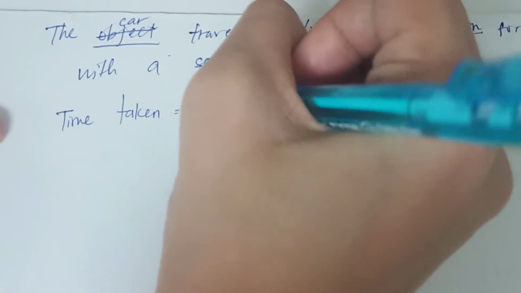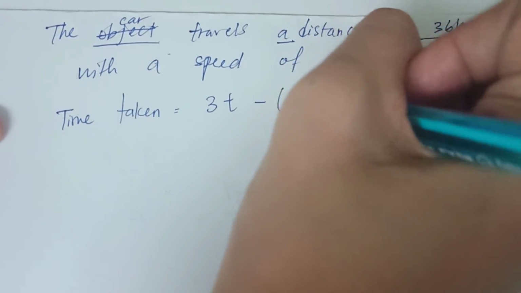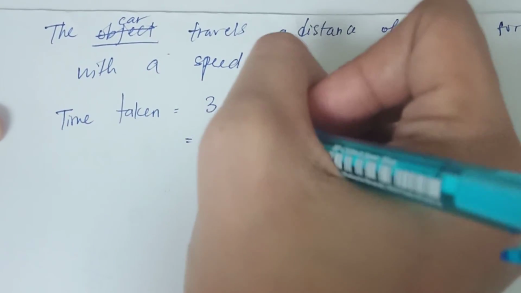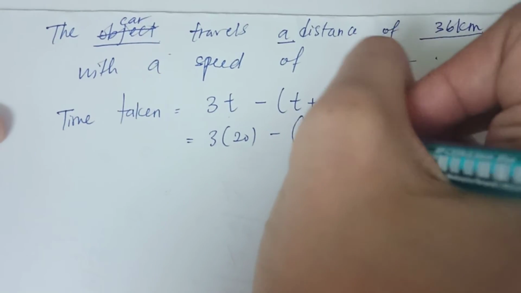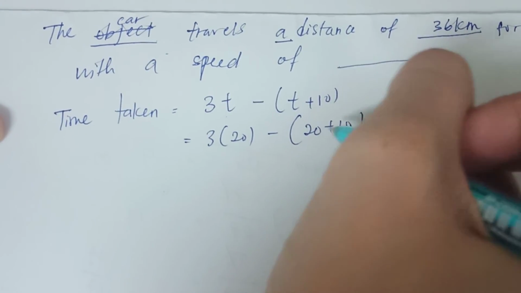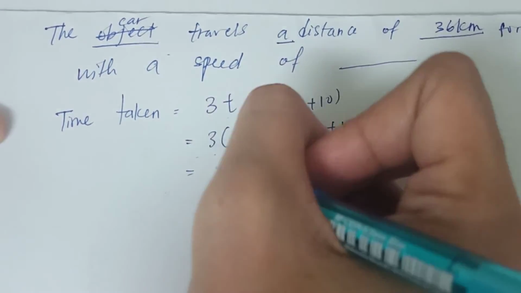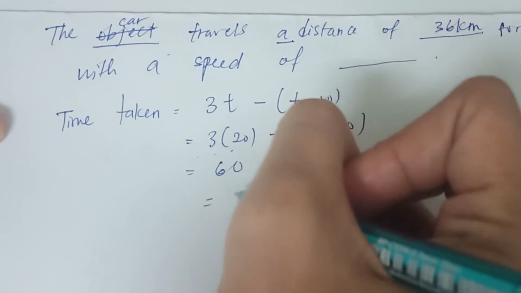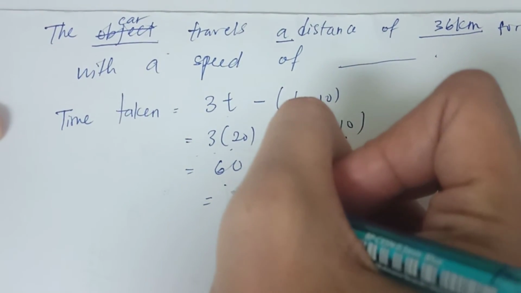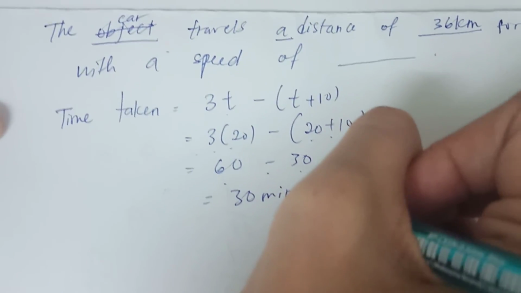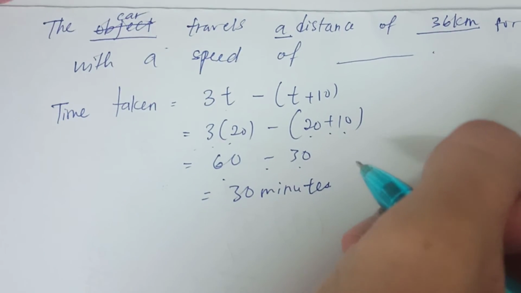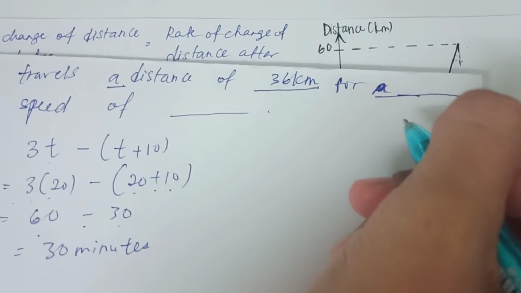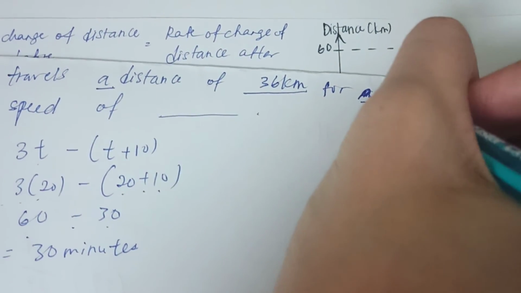So 3T minus T plus 10. Okay, we know that just now T is equals to 20. 3 times 20 is 60. 20 plus 10, 30. So 60 minus 30 is 30 minutes, right? So the car travels a distance of 36 kilometer for 30 minutes.